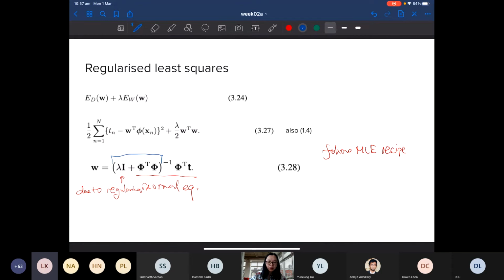Each of the eigenvalues is at least lambda. So going back to the matrix cookbook, for a symmetric matrix, if we add lambda I to it, then lambda is added to each of the eigenvalues, which is rather neat. And inverting it is hopefully an easier job if lambda is not too small.